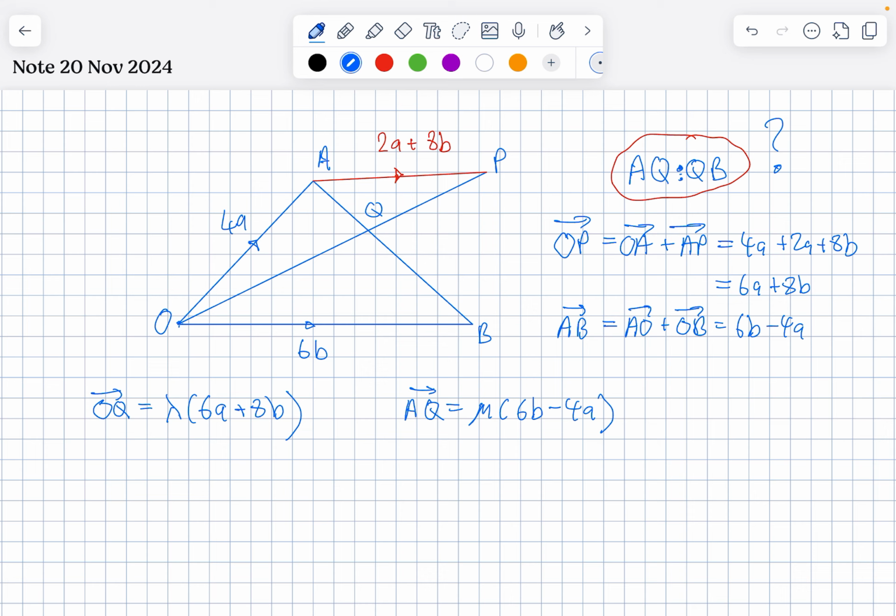So I'm going to write down that to get from O to Q is lambda 6A plus 8B. And then I'm going to go from O to Q in a different way.